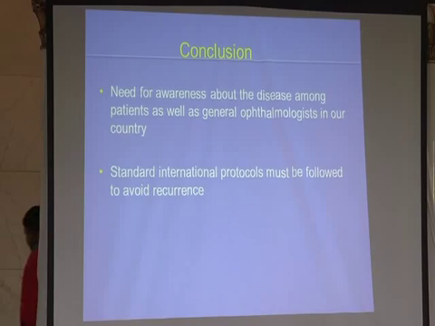And the most important thing is standard international protocols must be followed to avoid recurrence, which includes proper surgical technique, including clear margins confirmed on histopathology, cryotherapy to the clear margins, proper follow-up and even the patient education which is needed from the ophthalmologist.